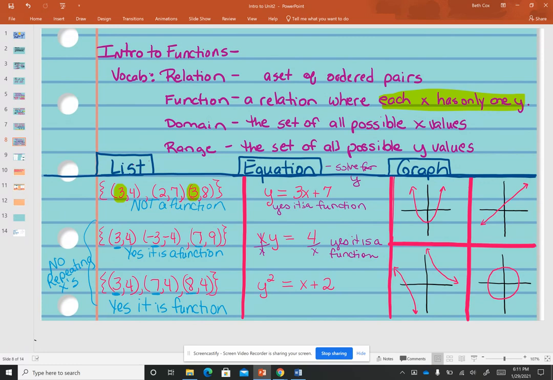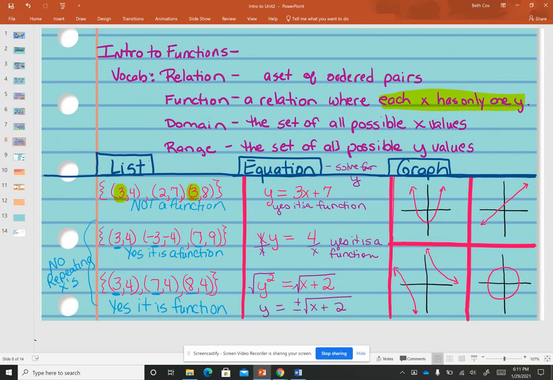And then now the third one, this is the one that's not a function. Because if I try to solve this for y, I have to take the square root of both sides. So if I take the square root of that, that's fine. But we also remember from our last unit, when we did the square root of both sides, we always had this plus minus thing going on.